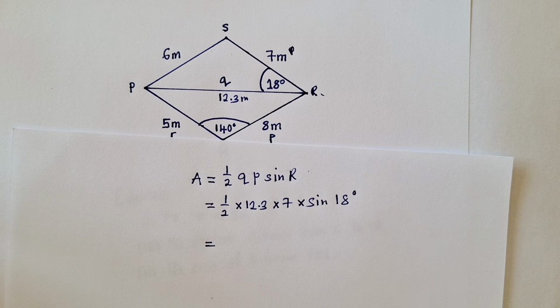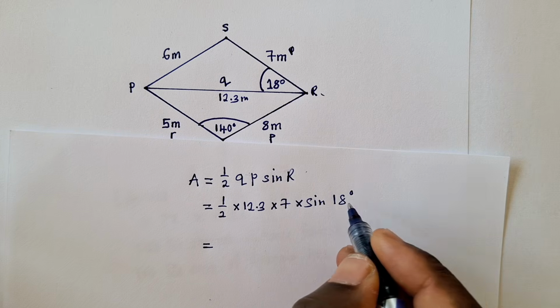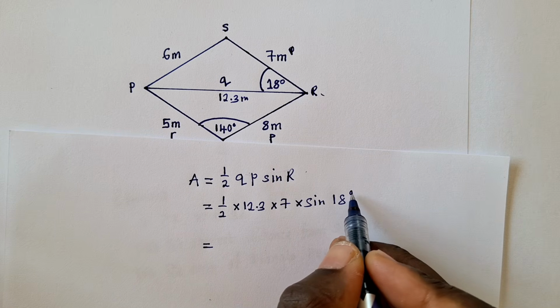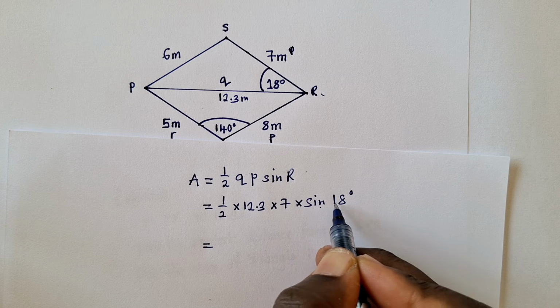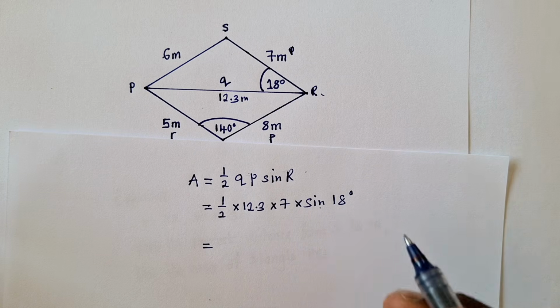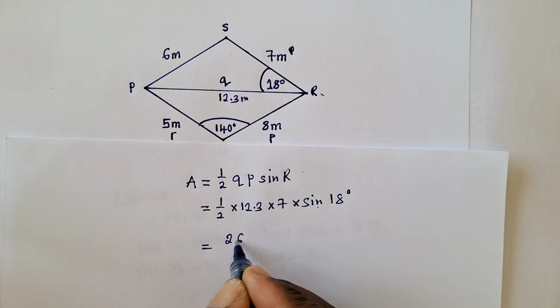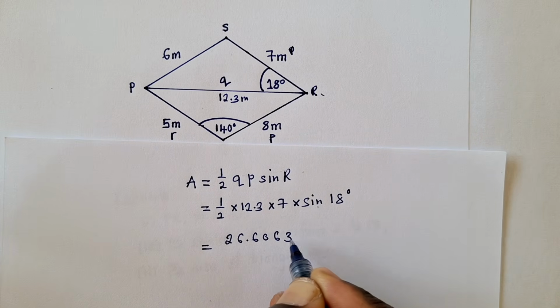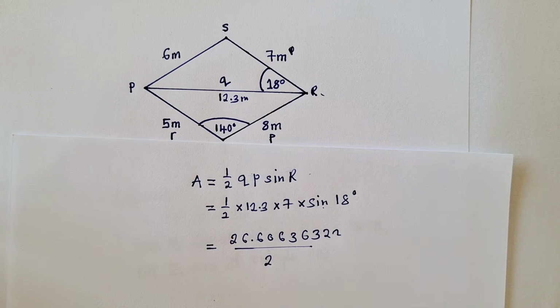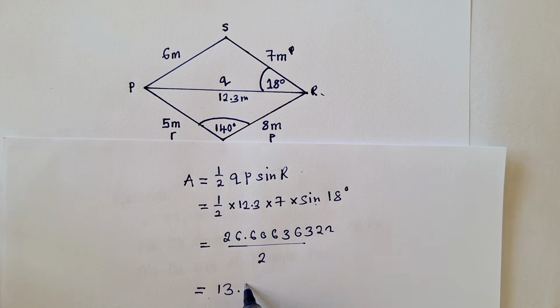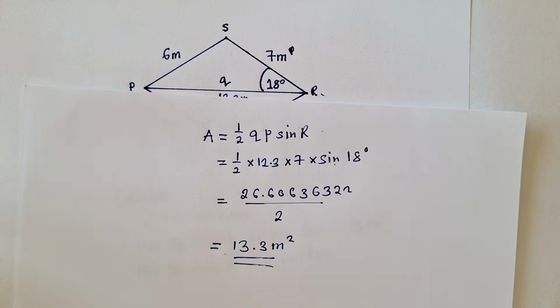That is 12.3 times 7 times sine 18 degrees. So I know some of you ask a question: how do you put a degree on a calculator? Don't put a degree. The calculator will know once you write sine 18, just say sine 18, it will know. So this is giving us 26.606363322 and say over 2, this 2. When you divide by 2, the answer divided by 2, is 13.3 meters squared.